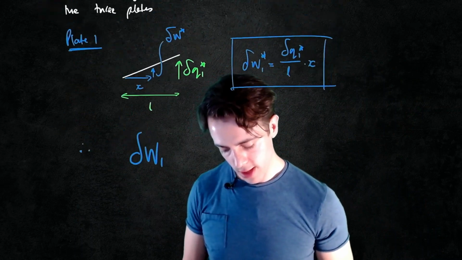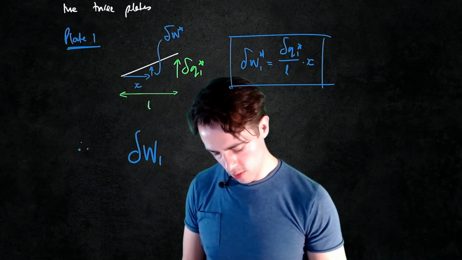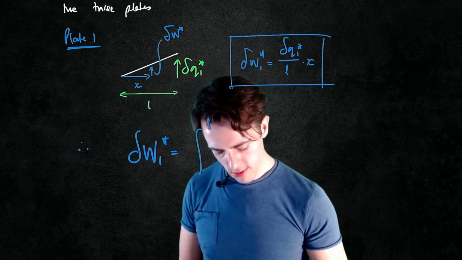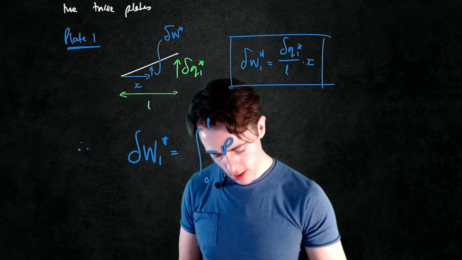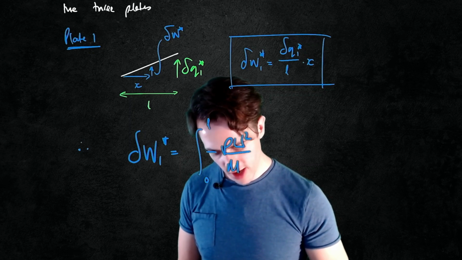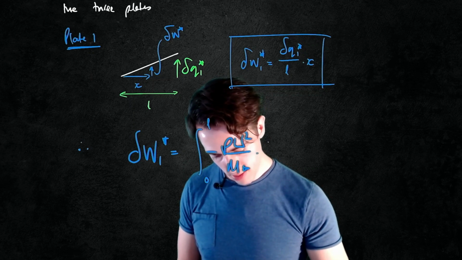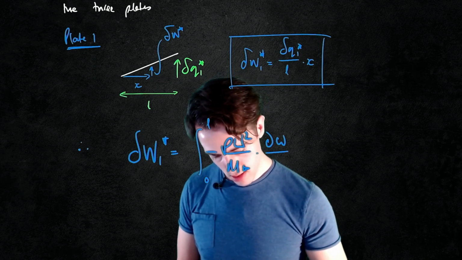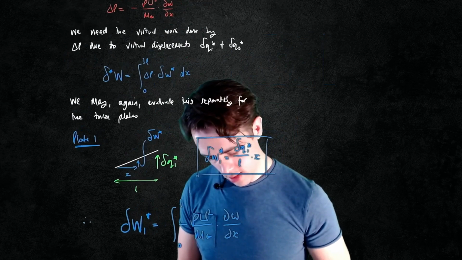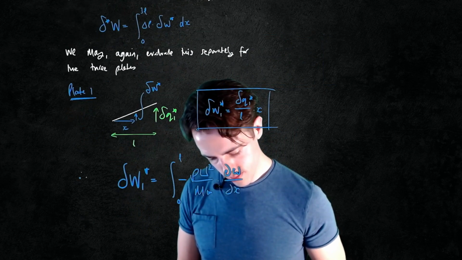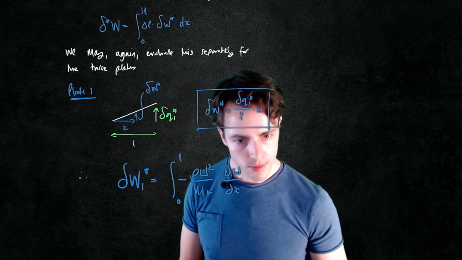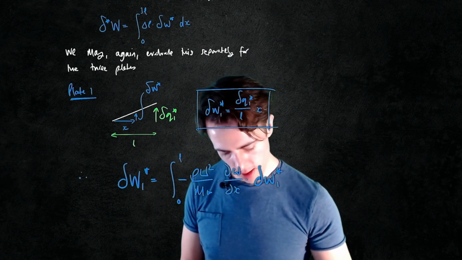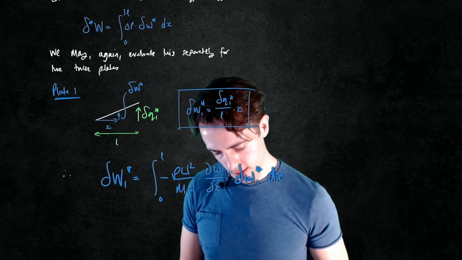So delta W, meaning the total virtual work on this first plate, is going to be equal to the integral from 0 to L of minus rho u squared divided by the Mach number multiplied by dW on dx, multiplied by delta W1 star in this case.